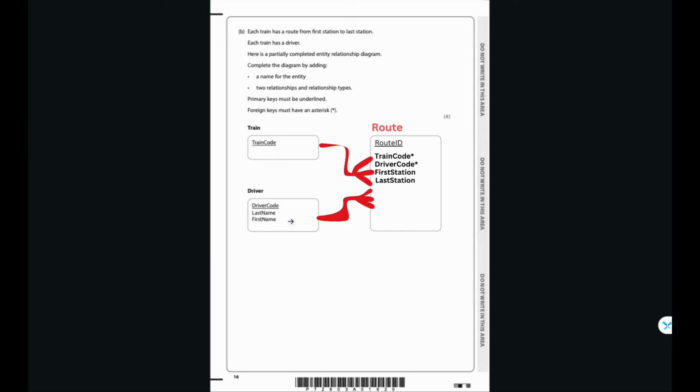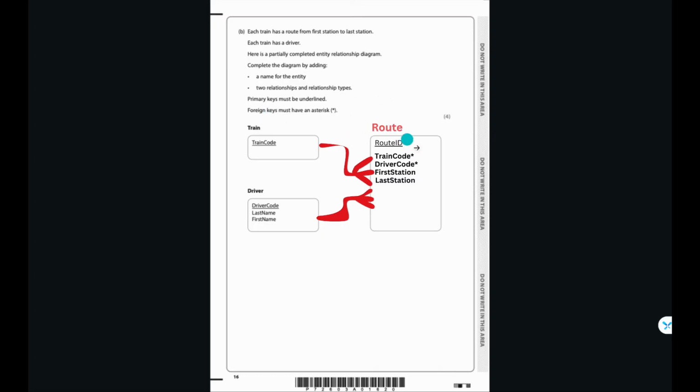Always remember that when a primary key is taken by another table as a foreign key, there must be a relationship connected to that. So if you look closely, you can see that this train code is the primary key for the train. We take the train code, which is a primary key for train, to our route table, and it becomes a foreign key.